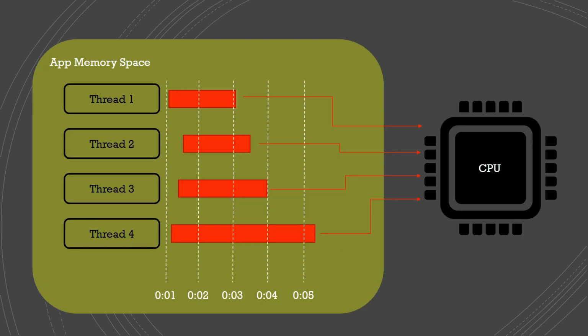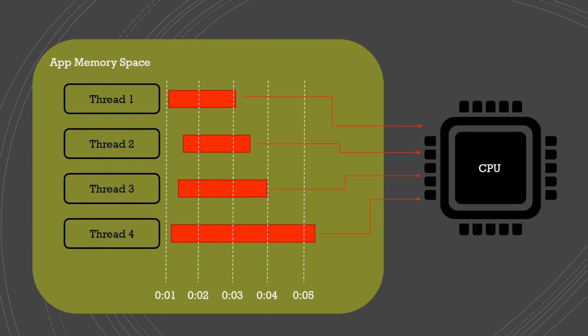Now, in multithreading, we're doing all that within one program. The program is doing multiple things at the same time within itself. So as far as the operating system and the memory is concerned, there is only one program running.